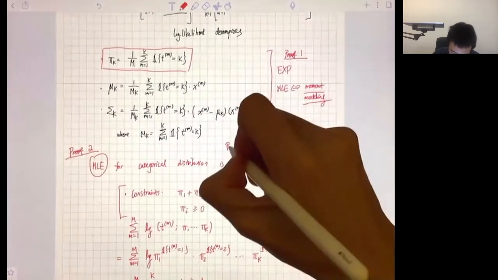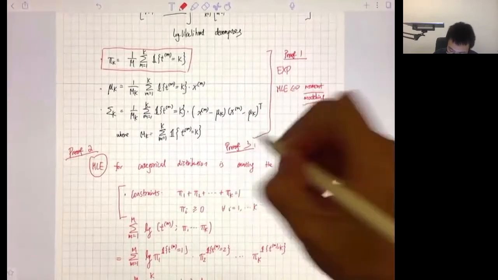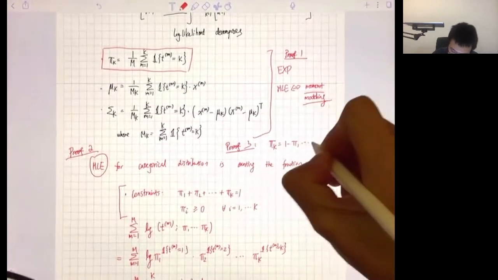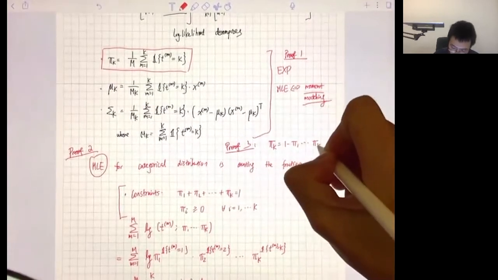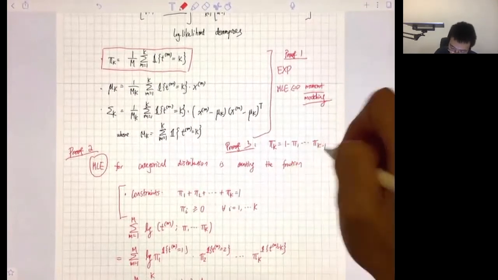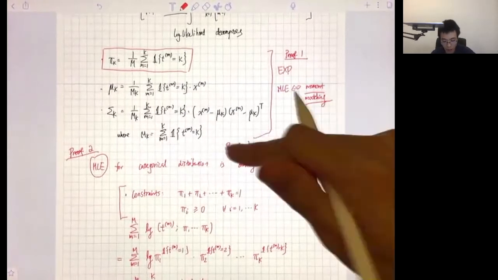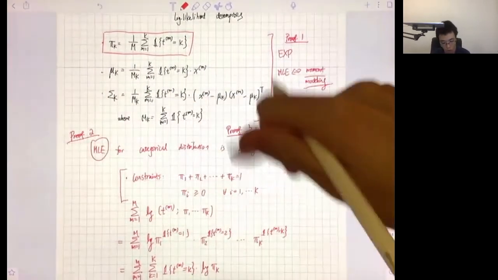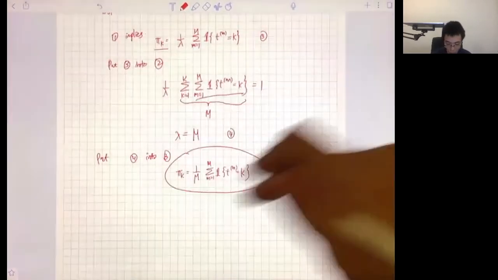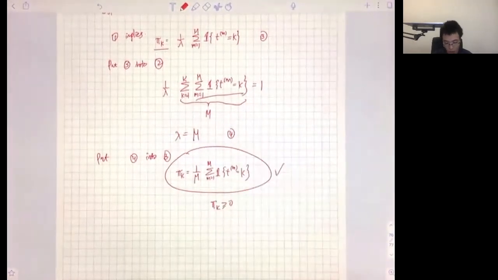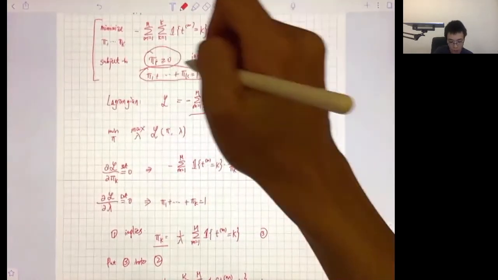For the third proof, you can eliminate the constraint by saying my pi k is 1 minus pi 1 up to pi k minus 1, and you plug it into your likelihood, and you get the same thing. But that is a little bit more complicated than the Lagrangian. After you solve this problem, you know that pi k must be non-negative, so the inequality constraint is automatically satisfied.